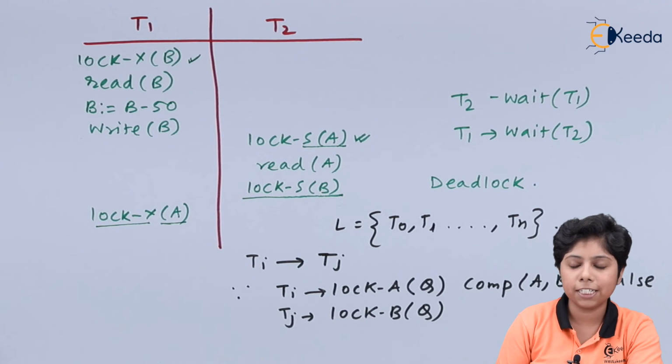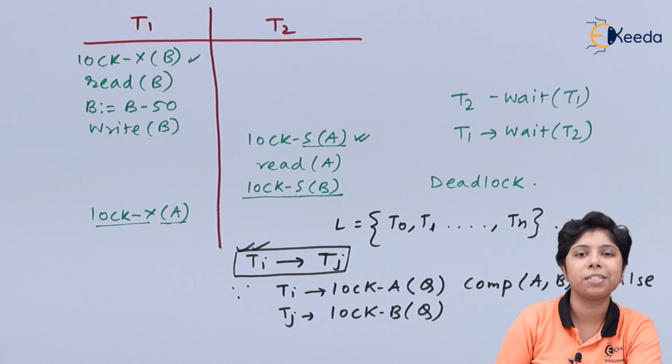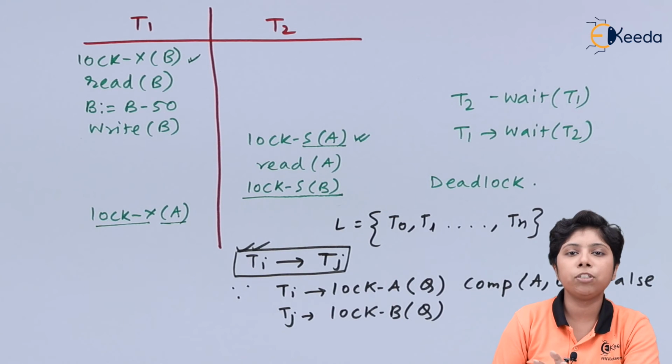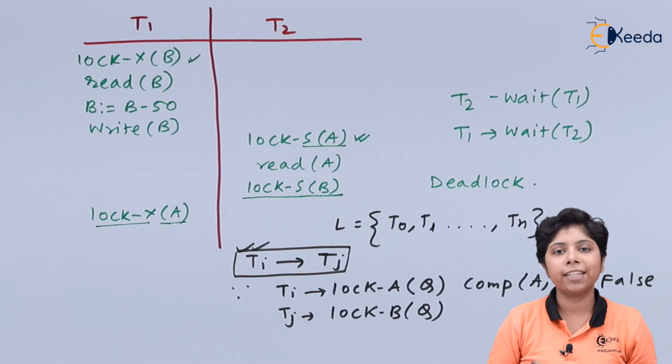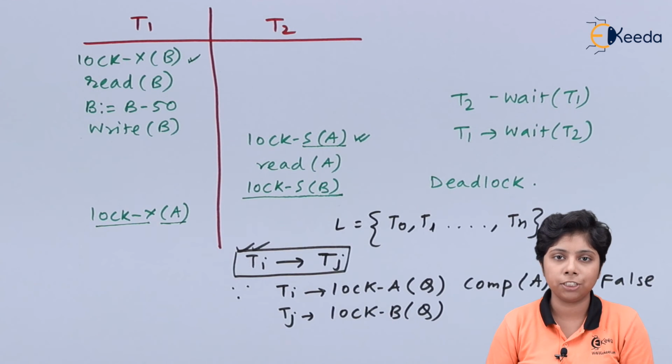When we reach this condition, we say that Ti precedes Tj. So we do not want Ti to precede Tj in a condition where it is holding a lock that is later requested by another transaction such that the transaction cannot proceed according to the compatibility matrix.